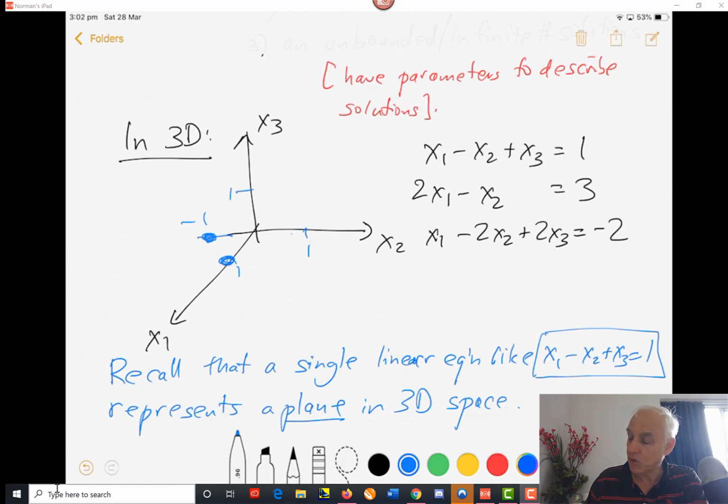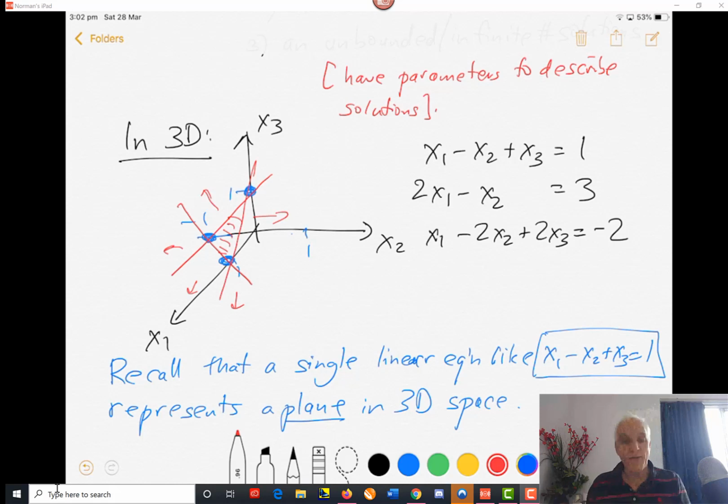And when x1 and x2 are 0, then x3 is 1, so that would be another point on the plane. So altogether, the plane is the plane that passes through these 3 points. I might draw it like that, but it actually extends in this 2-dimensional fashion. So it's a plane in 3-dimensional space.